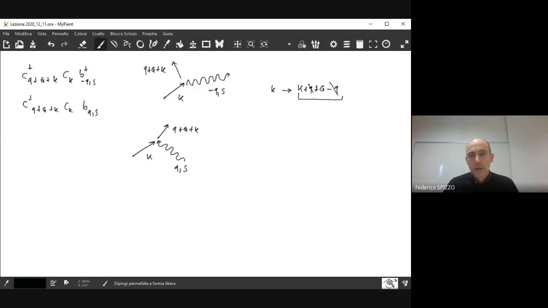So these two processes describe the excitation of a phonon due to the electron lattice interaction, or the absorption of a phonon due to the electron lattice interaction. So we have the opportunity to describe those two processes, and the parameter that is related to the strength of those processes is g q s.